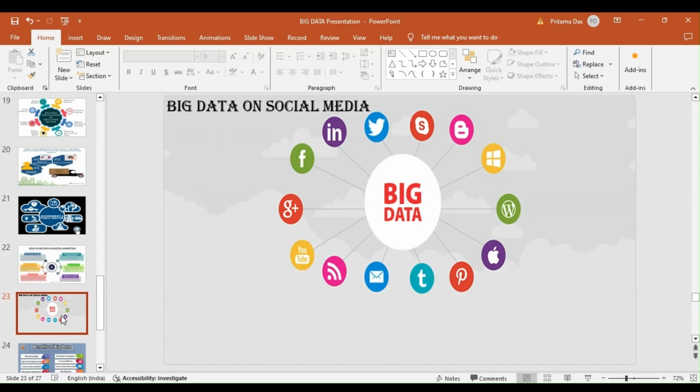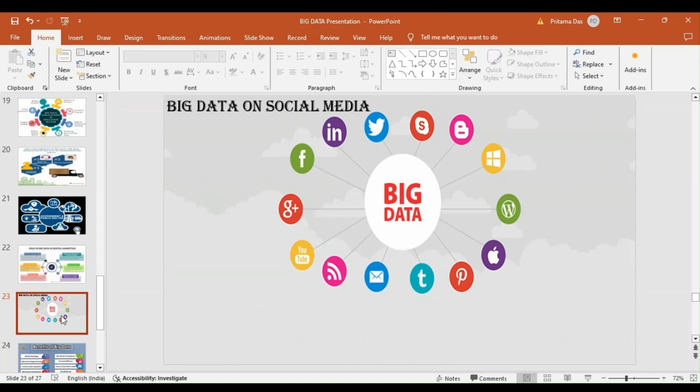Big data on social media. So this is the most vital part, how big data works on social media. Big data plays a pivotal role in social media by providing valuable insights into user behavior, preferences, and trends. Social platforms leverage large datasets to personalize content, improve user experience, and target advertisements effectively.